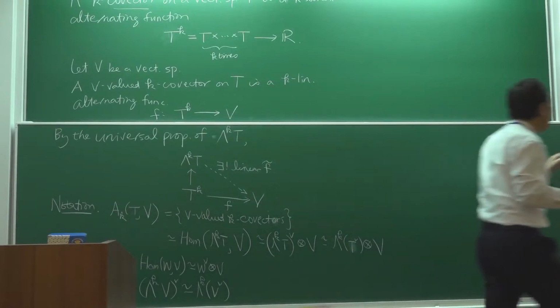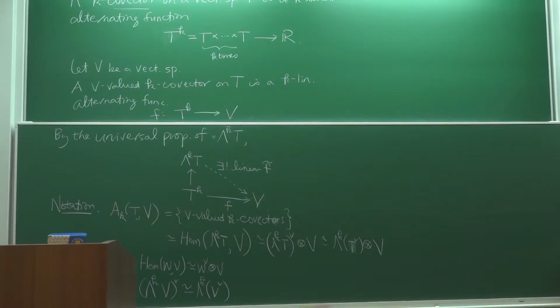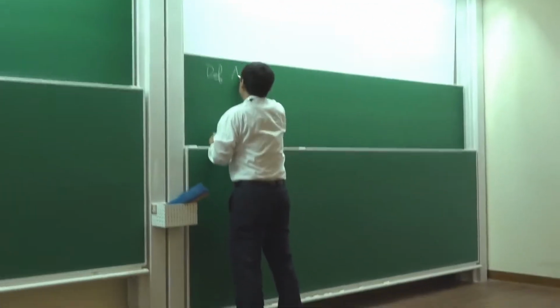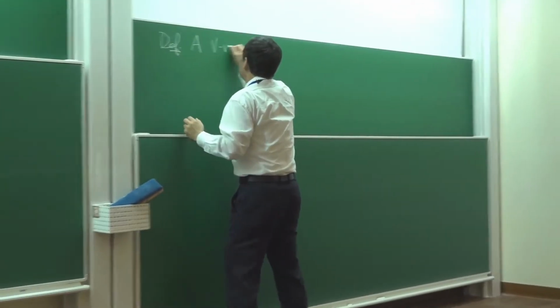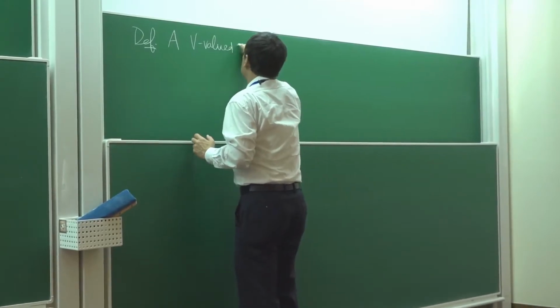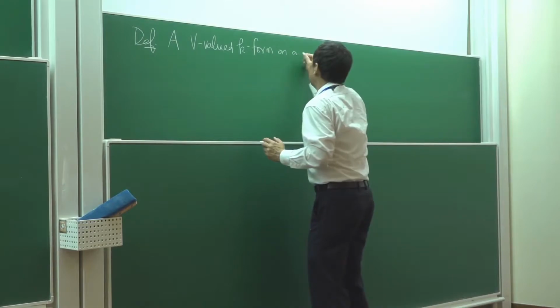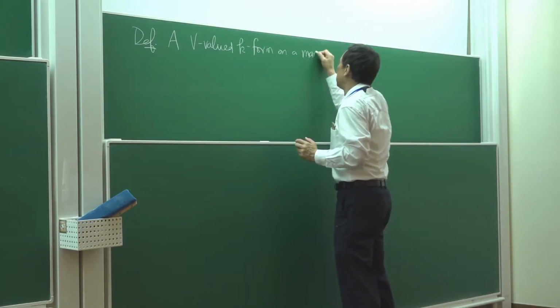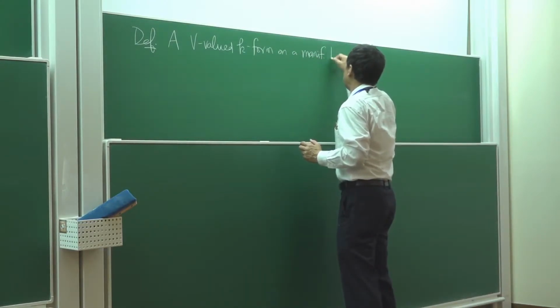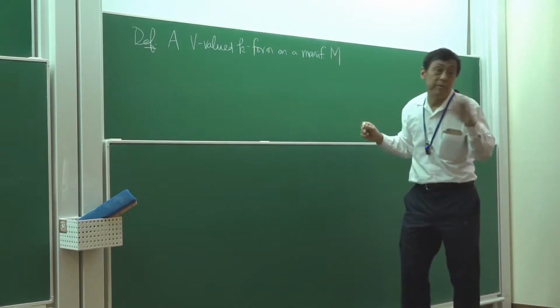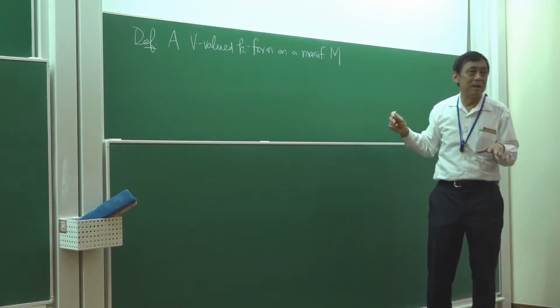Now, a V-valued k-form on a manifold M, and I'm always assuming C infinity manifolds.